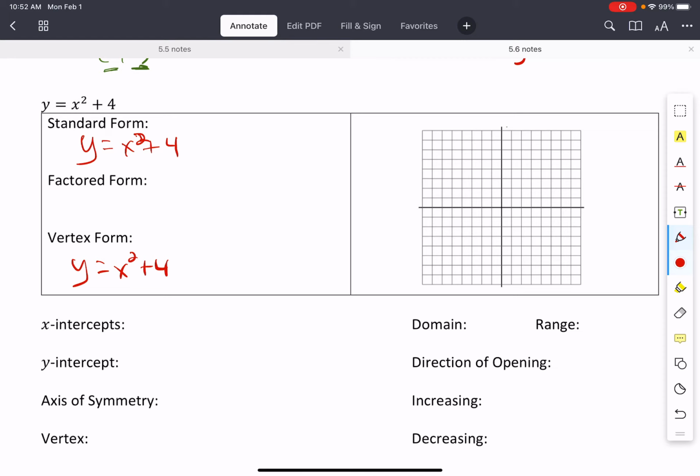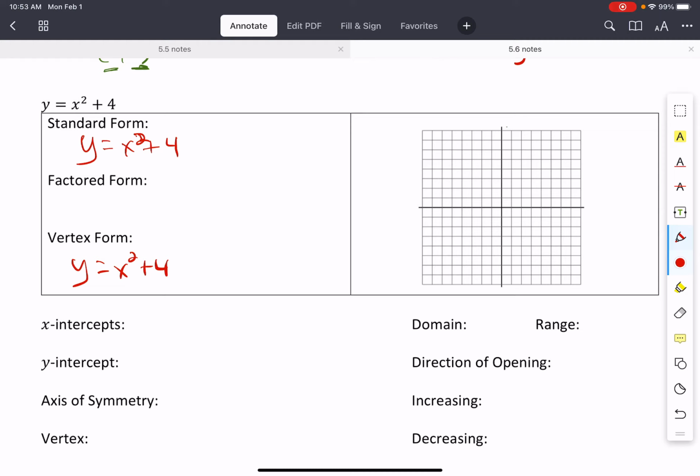We can do vertex. Don't worry about the x-intercepts yet. This one's really weird with x-intercepts, so you'll want to wait.